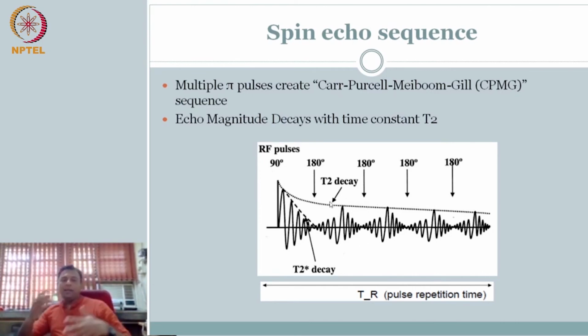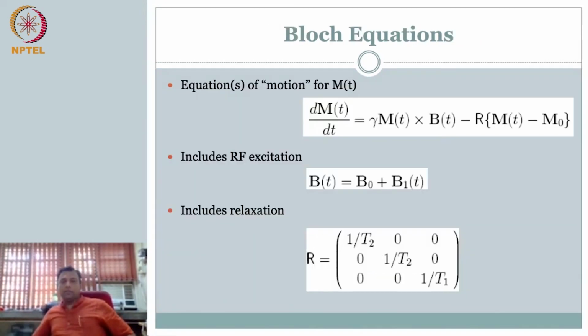All this can be manipulated. Essentially, you manipulate this with an idea to exploit whether you want the T2 characteristic of the signal, the T1 characteristic of the material, or just the proton density is good enough, right? So all these can be manipulated using the pulse sequence diagram.